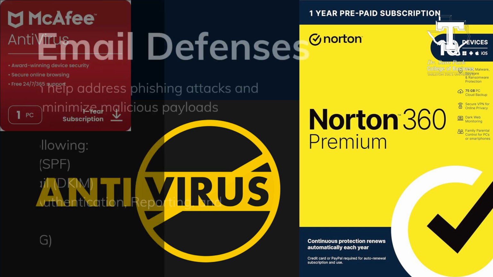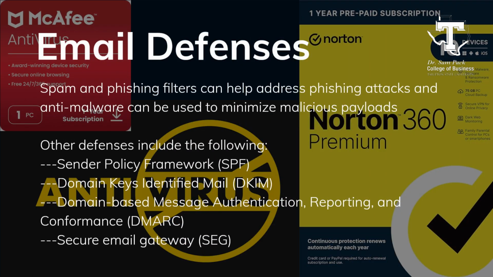To defend against email threats, you can use several key strategies. Spam and phishing filters. These help catch and block phishing attempts and malicious emails. Anti-malware tools. They protect against harmful attachments and payloads. Additional defenses include Sender Policy Framework (SPF), which verifies that an email is sent from an authorized server.